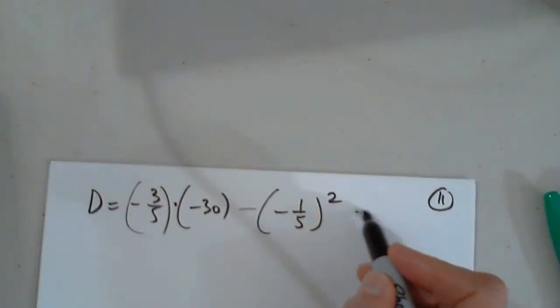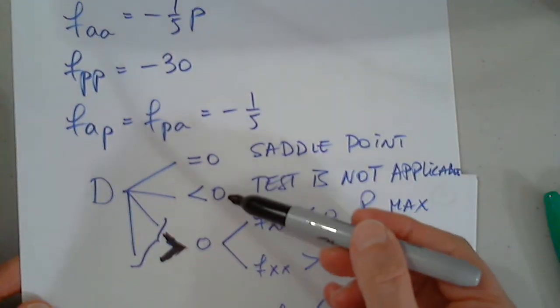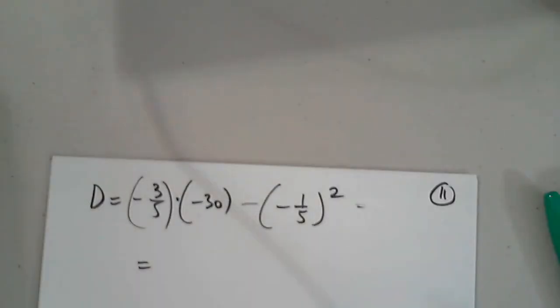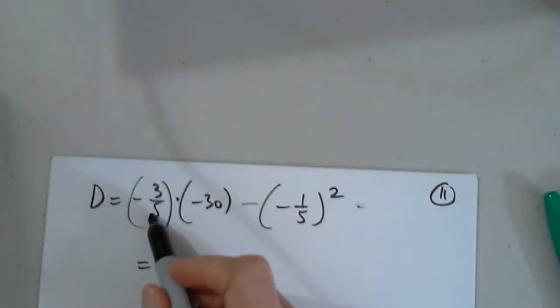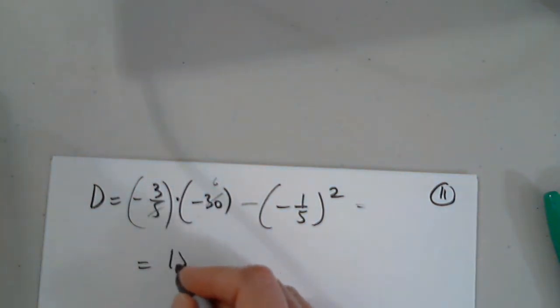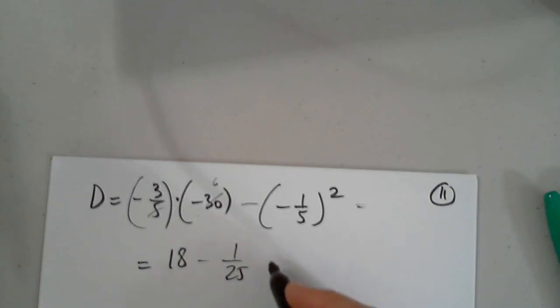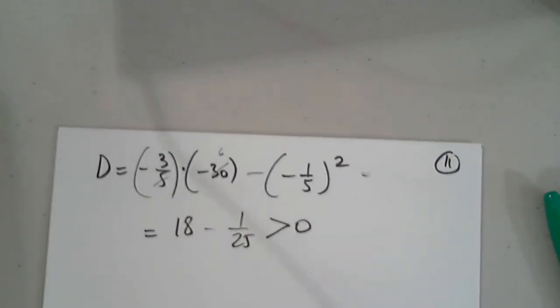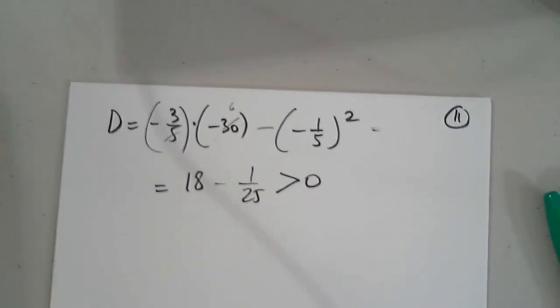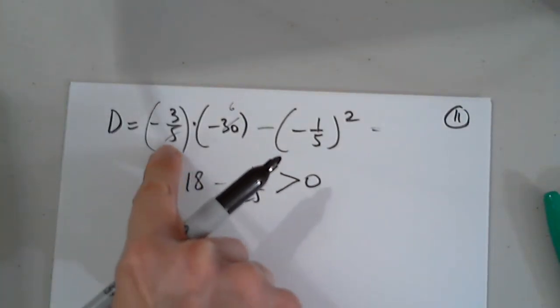We don't care about the answer. We just care about the answer being 0, less than 0, or positive. So when I simplify, I get positive 18, and then minus 1 over 25. I don't even care to calculate further. I know it's positive. So now I'm looking at FAA.